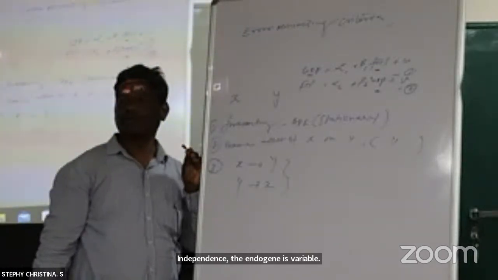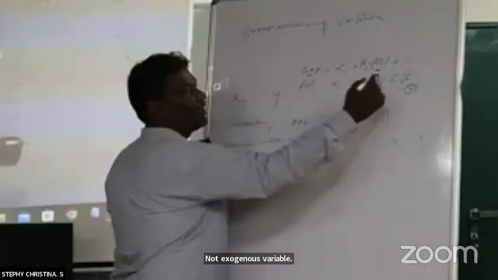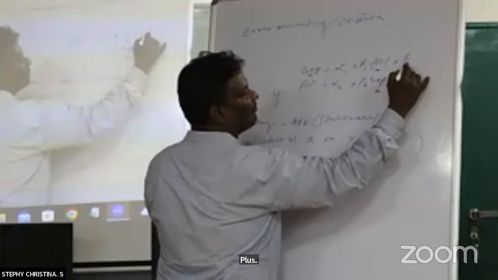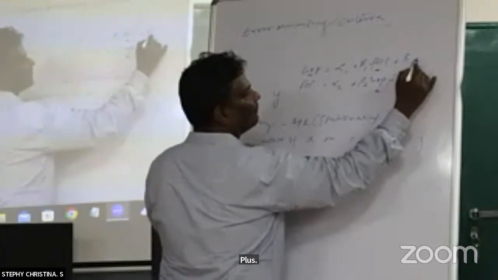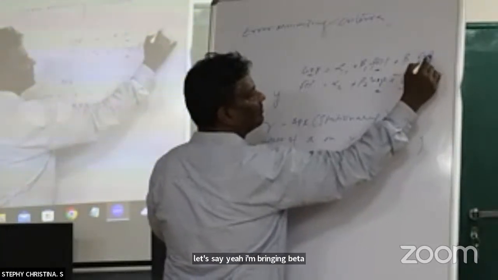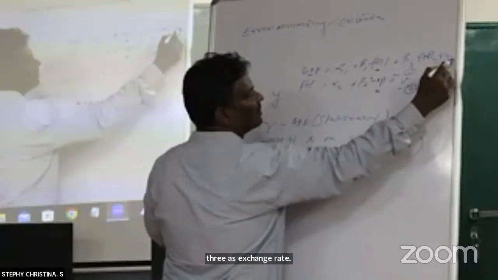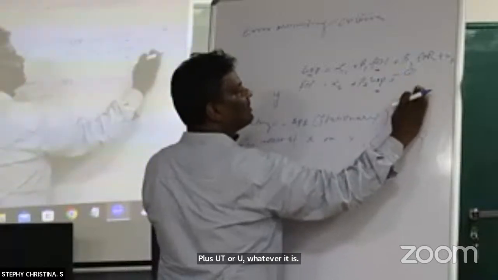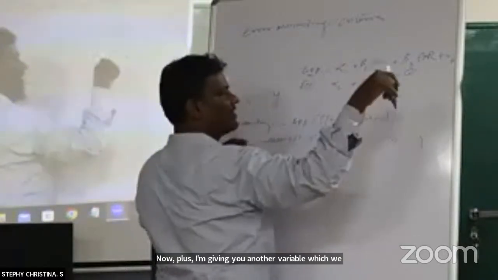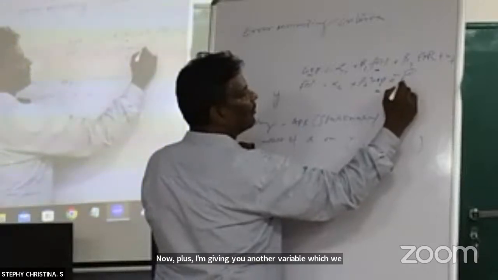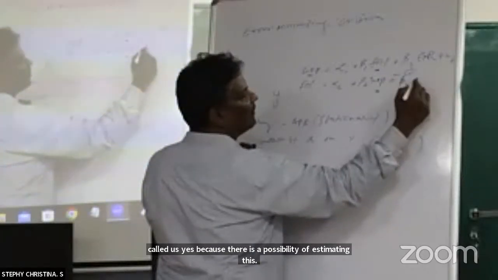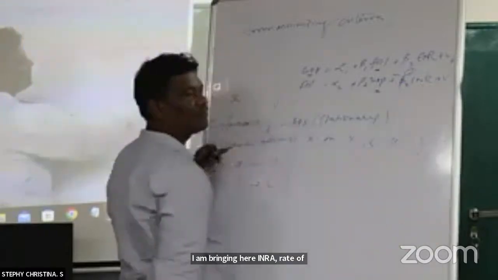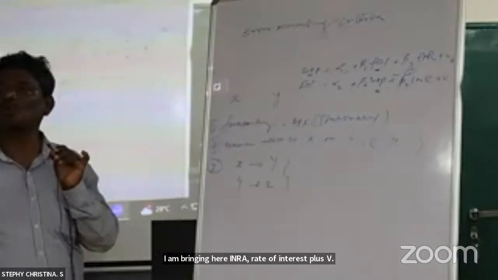Understand? Suppose I'm bringing here plus, let's say here I'm bringing beta 3 as exchange rate plus U. Now here I'm giving another variable, plus beta 4, I am bringing here INR, rate of interest, plus V. So here there are two exogenous variables.